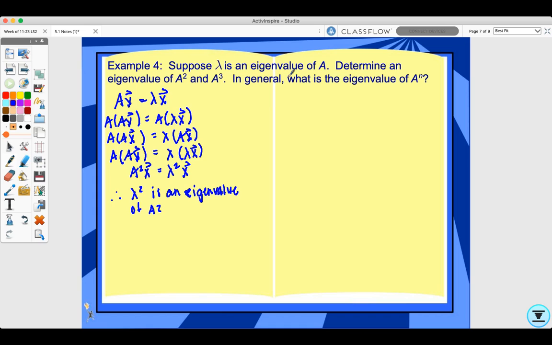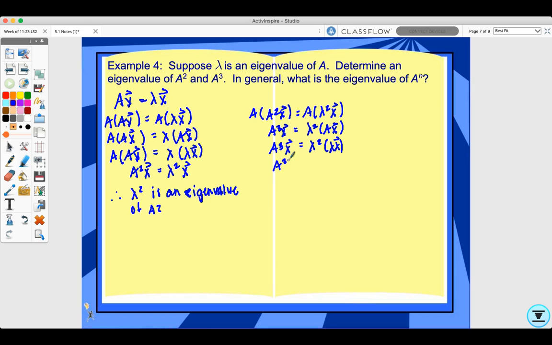So we could go ahead and do the same thing. Here we'd have A times A squared x equals A times lambda squared x. This side we would have A cubed x equals lambda squared times Ax. And from the beginning, Ax equals lambda x, so this Ax can be replaced with lambda x. So I have A cubed x equals lambda squared times lambda x.